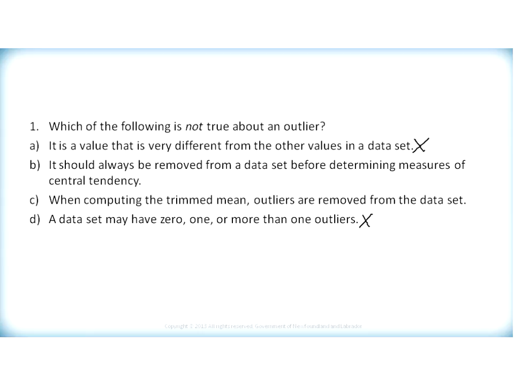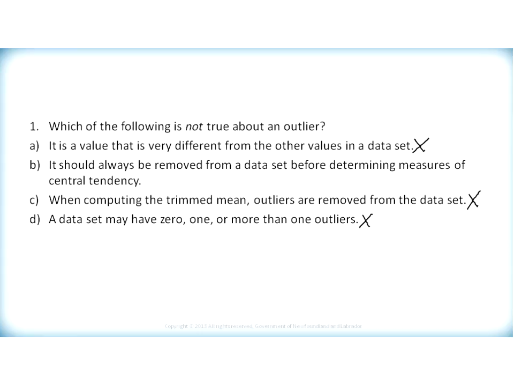So that is exactly what A tells us. We know it's an outlier because it is so different from everything else. And it is most definitely true that when computing a trimmed mean, the outliers must be removed from the data set. So it can't be C.